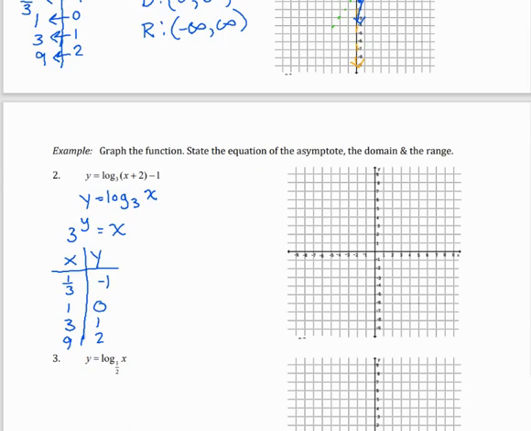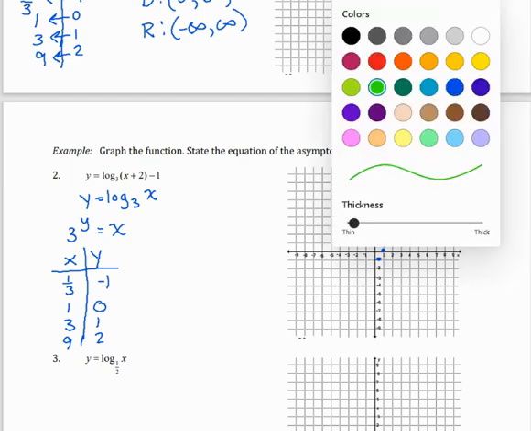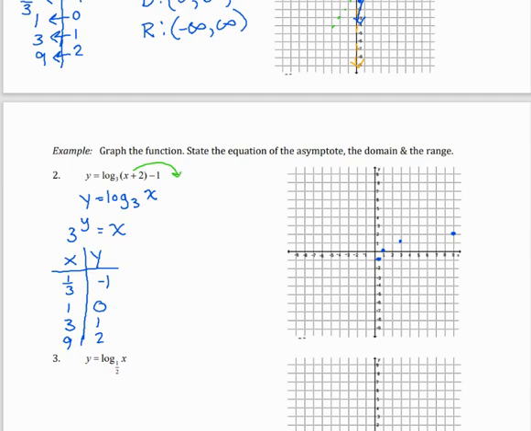Once I have those points, we can now use our transformations. I'll use blue to represent the parent function. Again, we had (1/3, -1), (1, 0), (3, 1), and (9, 2). Now I'm going to take those points and move them to the left 2 and down 1, based upon my transformations. When it's a plus 2 with the x, it moves to the left 2, and when subtracting 1, it moves down 1.